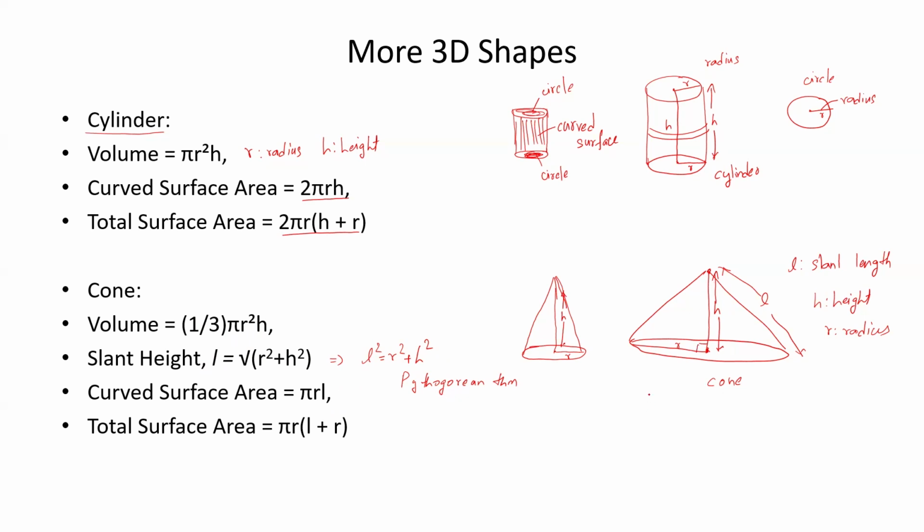So this is H, this is R and this is L. So this is making a right angle triangle. So you can apply Pythagorean theorem to calculate the third part. So L square is equal to R square plus H square.